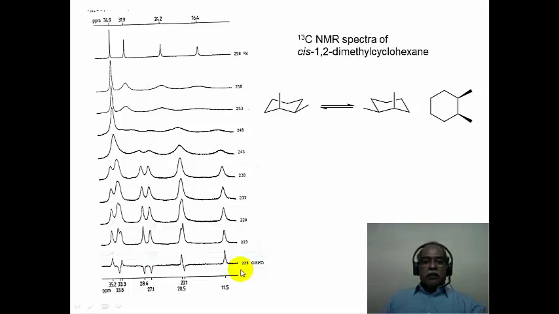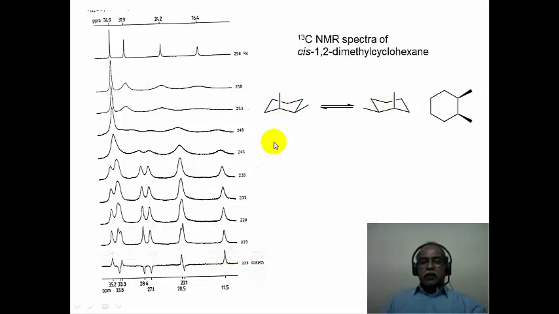At low temperature of, let us say, for example, 223 Kelvin or so, the interconversion is slowed down considerably, such that NMR is able to see the axial and equatorial methyls separately, and this is a chiral conformation, so 8 different signals are seen in the NMR spectrum. So the molecule is a beautiful example of a chiral molecule existing in two enantiomeric forms.